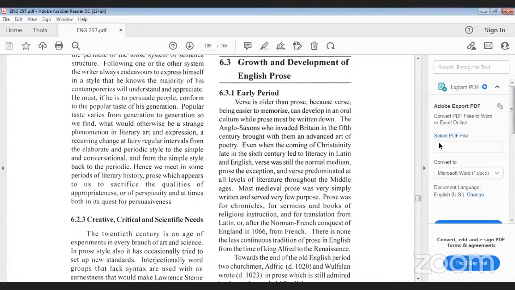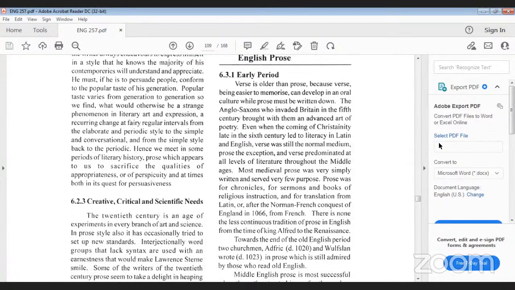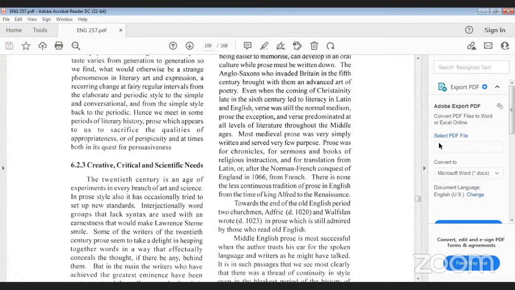Interjectional word groups that lack syntax are used with an earnestness that would make Laurence Sterne smile. Some of the writers of the 20th century prose seem to take a delight in heaping words together in a way that effectively conceals the thought, if there be any behind them.